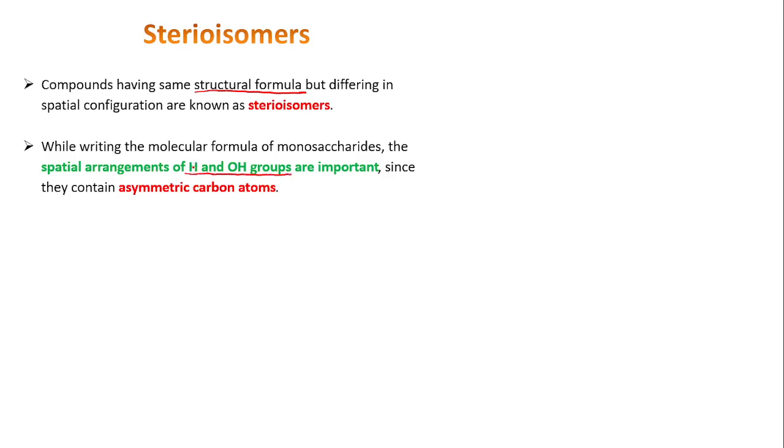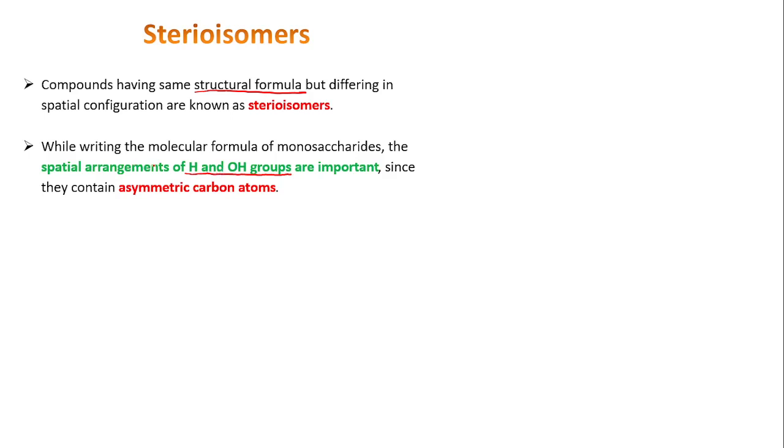The H group is just the hydrogen group, and the OH group is the hydroxyl group. How these hydroxyl and hydrogen groups are oriented in stereoisomers leads to what? The difference in terms of configuration.